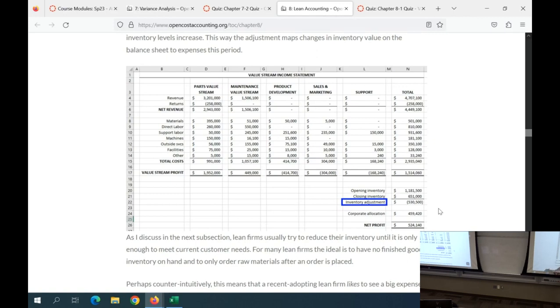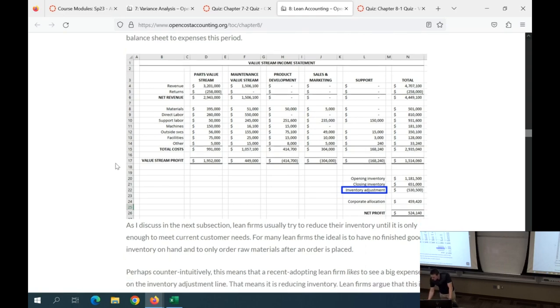You're reducing the inventory you have on hand. Lean practitioners generally don't want to see that inventory. So they want to have line of sight on how much they're reducing it. Now, over time, once you've been in the lean business for a while, you don't want that number to be too big because you should have low inventory levels from period to period.